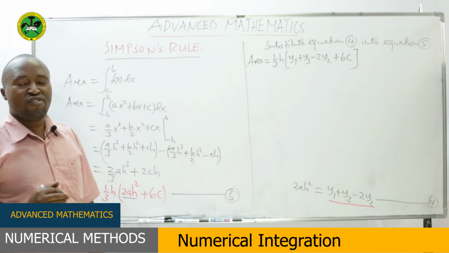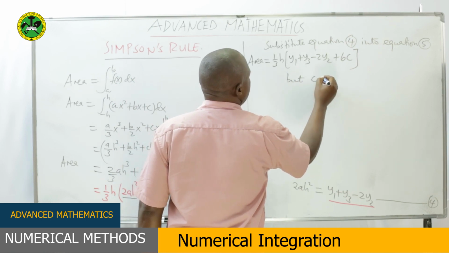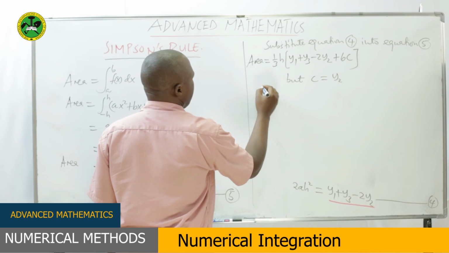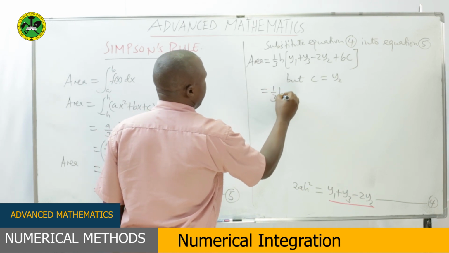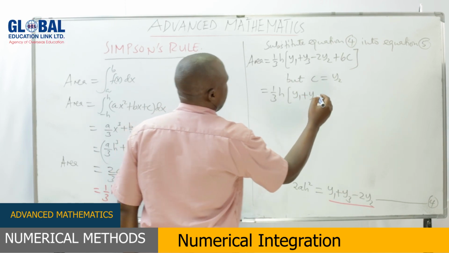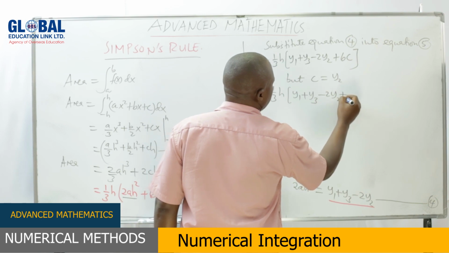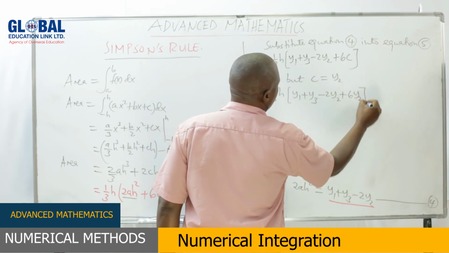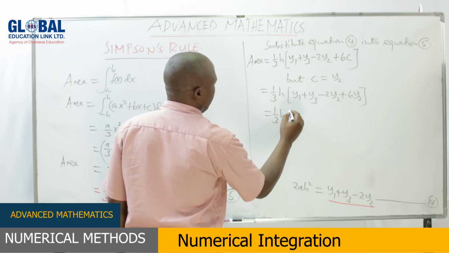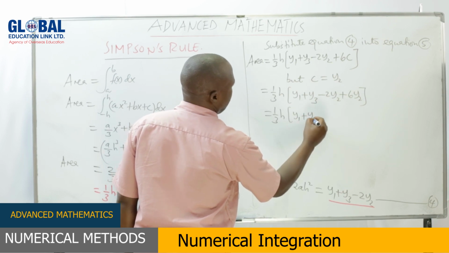But you remember the value of c here, c is equal to y2. So in this case, we have 1 over 3h bracket of y1 plus y3 minus 2y2, then plus 6y2. So here we are going to have 1 over 3h bracket of y1 plus y3.